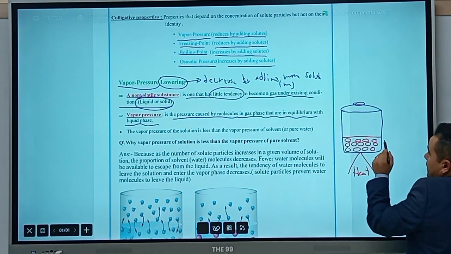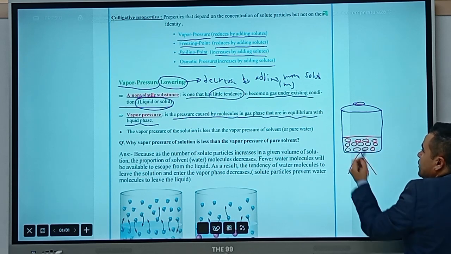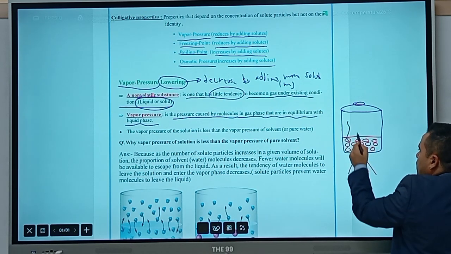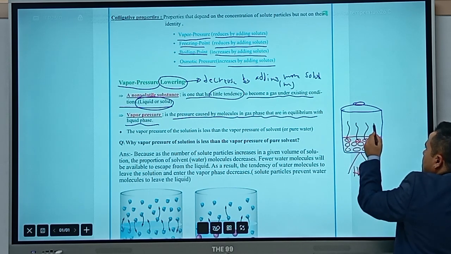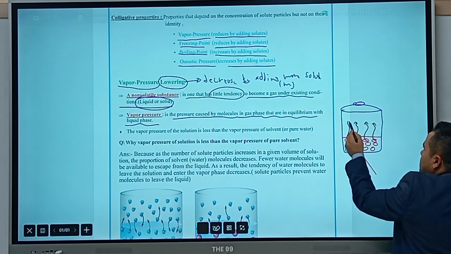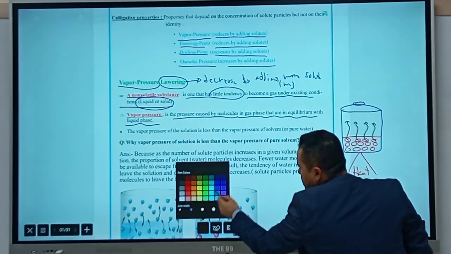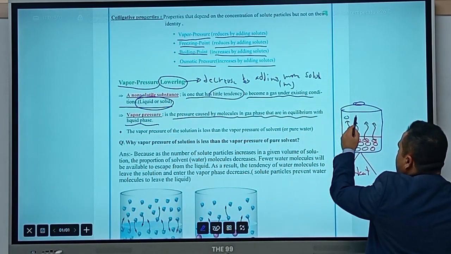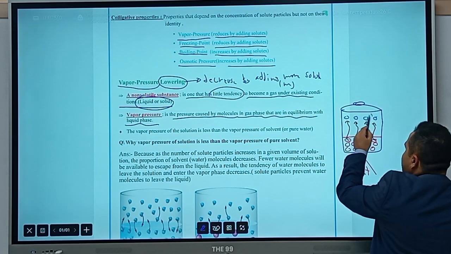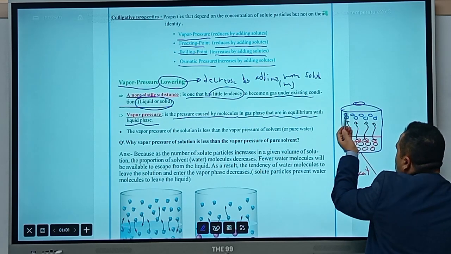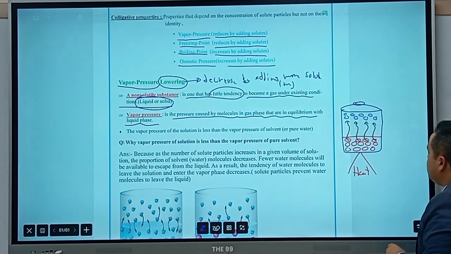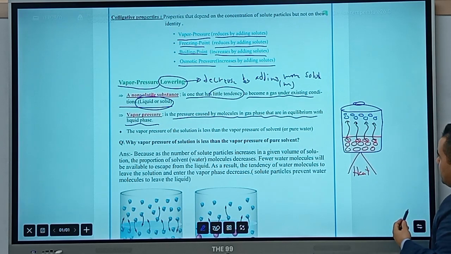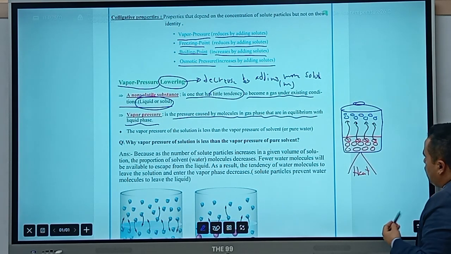Guys, as we provide heat to the container, the molecules of water escape to the surrounding. They become gaseous. We call this vapor, because the gaseous form of water we call vapor.